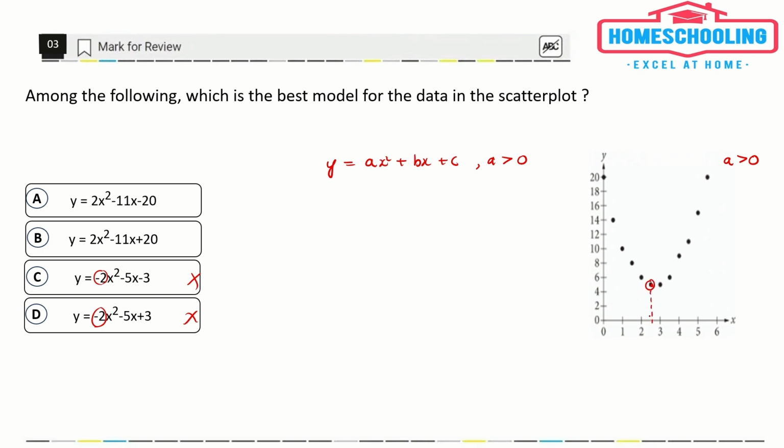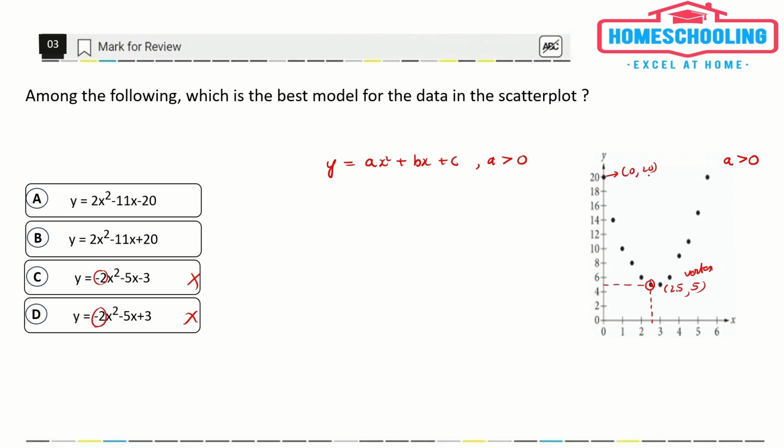It is the lowest point, and on the x-axis it is somewhere around 2.5, and on the y-axis it is somewhere around 5. So the vertex coordinate is 2.5 and 5. One more thing that is known to us is our y-intercept, that is 0 and 20.